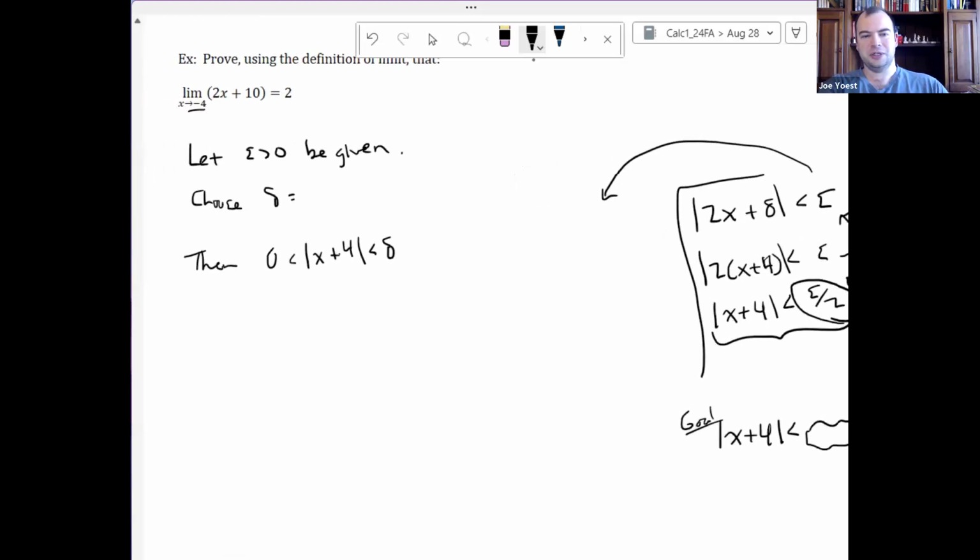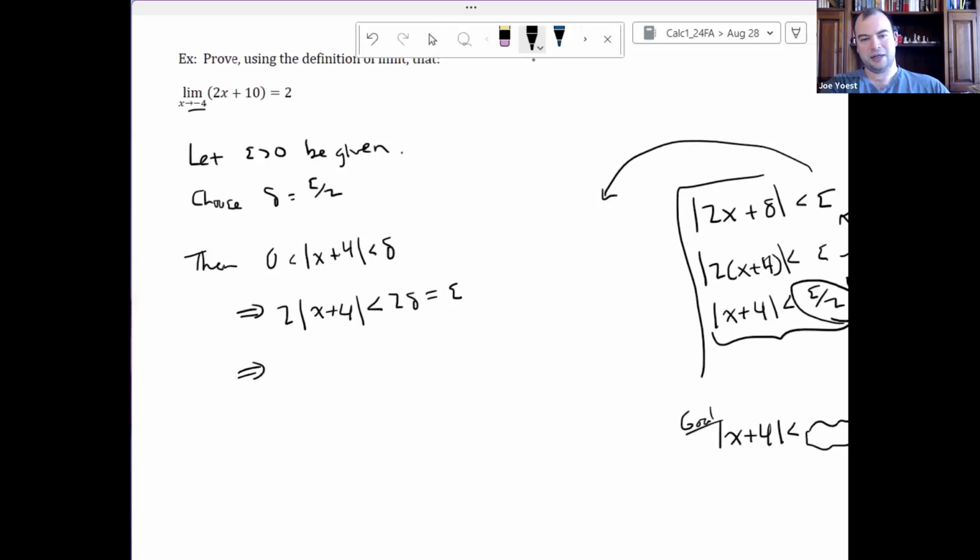So we're going to choose delta equals epsilon over 2. Then we can say 0 less than absolute x plus 4 less than delta implies that 2 absolute x plus 4 is less than 2 delta, but that's just epsilon.